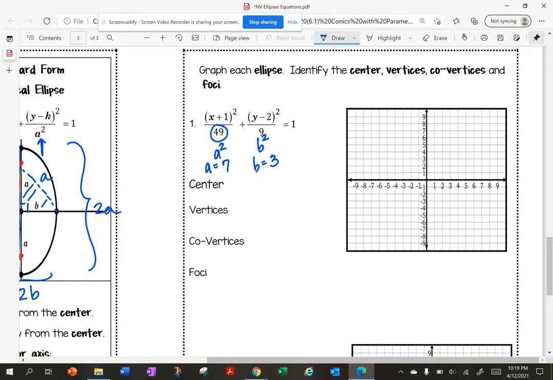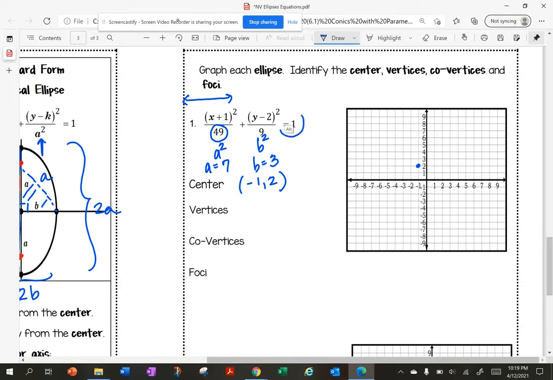So my center is at HK. So HK is -1, 2. So I'm going to graph that. So -1, 2. And then we said, since the larger number is under X, I know I have a horizontal ellipse.